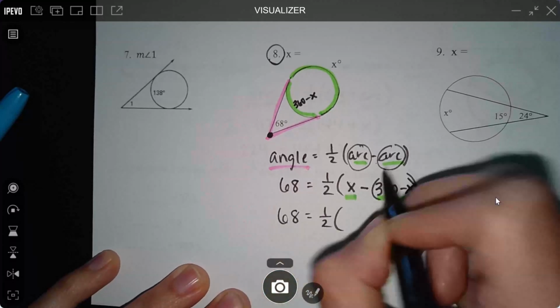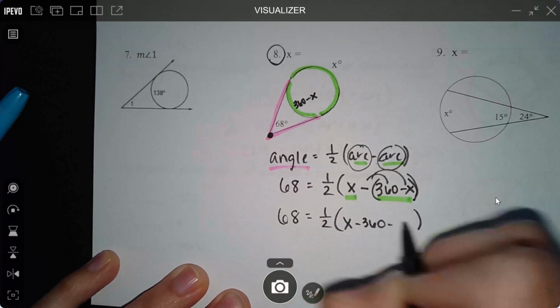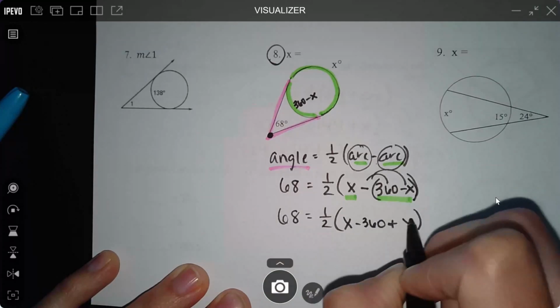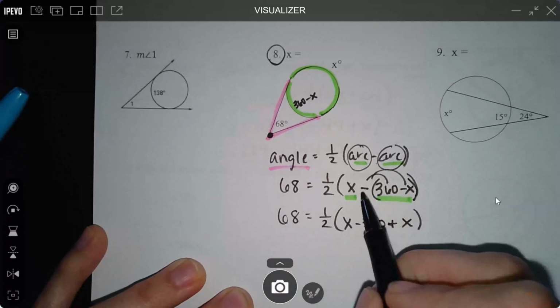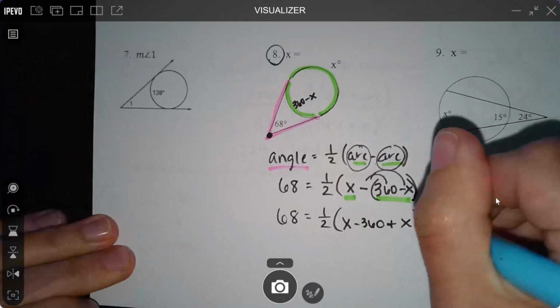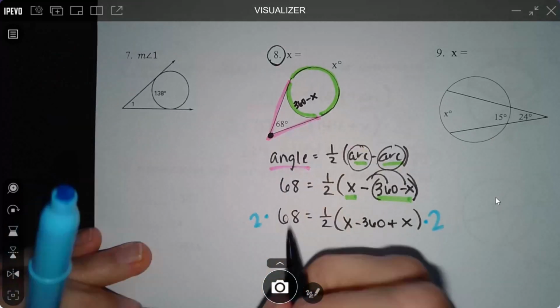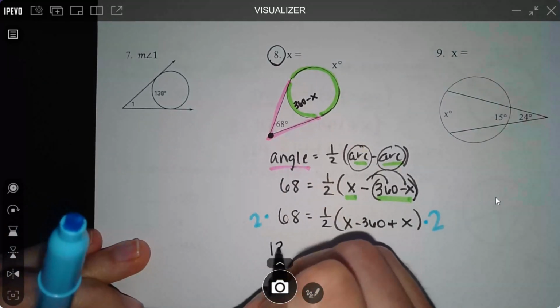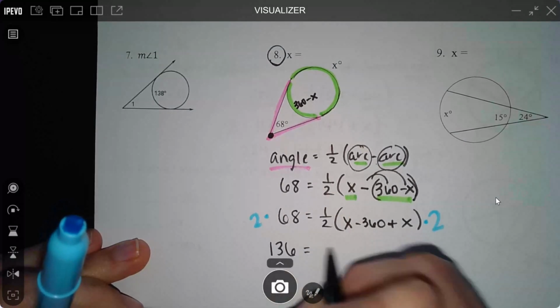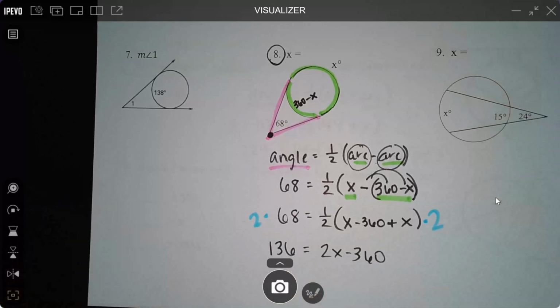So we could simplify the inside. That would become plus x, because you'd have a negative times a negative. I'm going to get rid of my 1/2. So I would have 136, 2x minus 360.